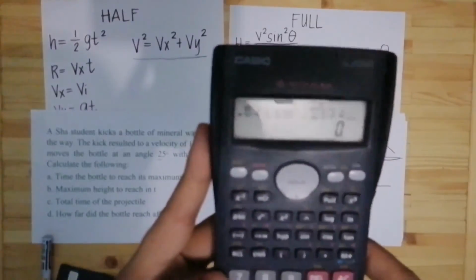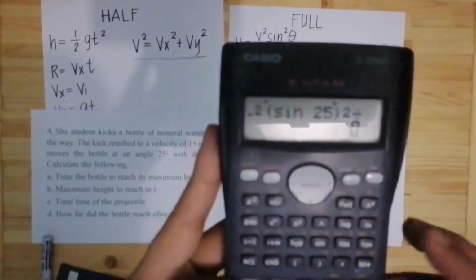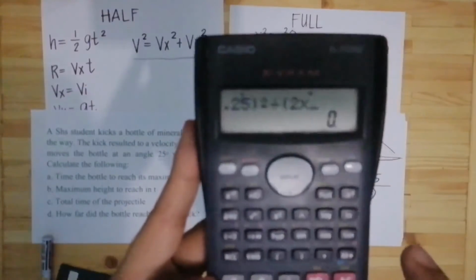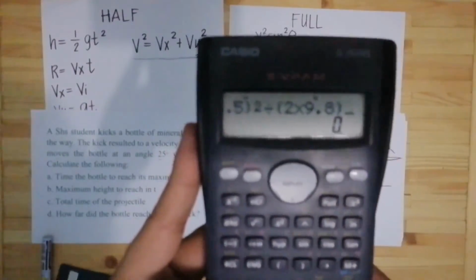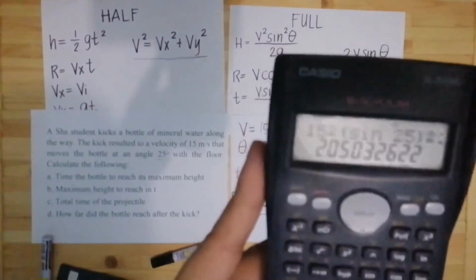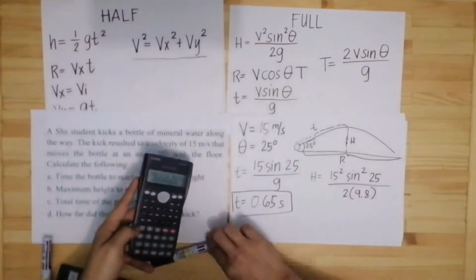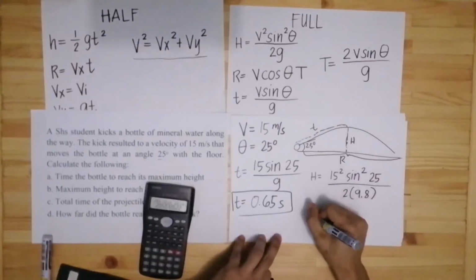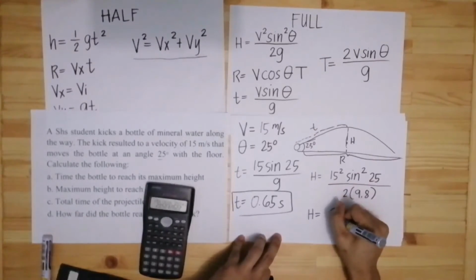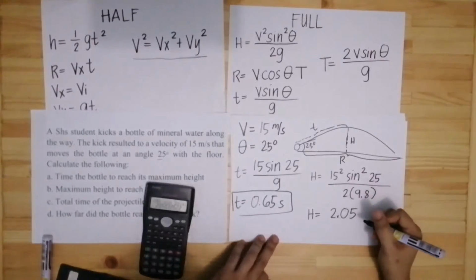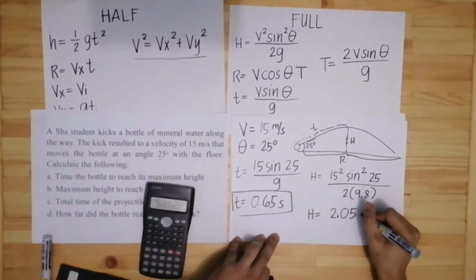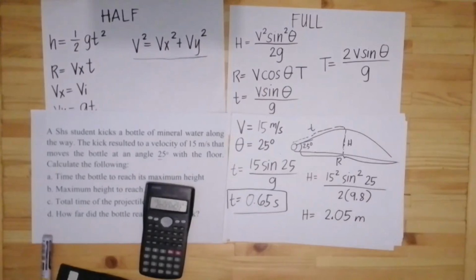Then, divided by, parenthesis para sa ilalim, 2 times 9.8. Close parenthesis. Then equals, that is equal to 2.05. So, the height is 2.05. So, height yan. Ang unit natin ay meters.